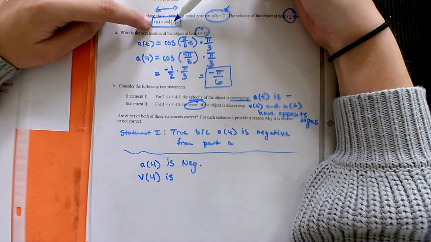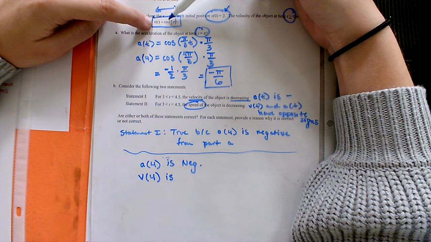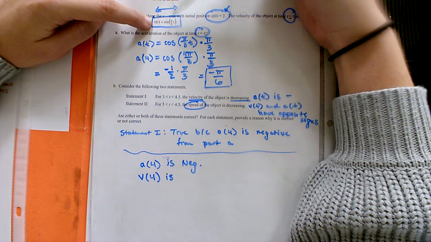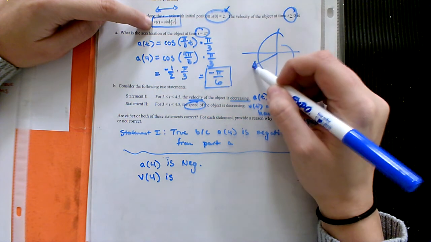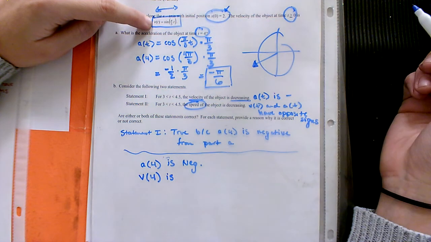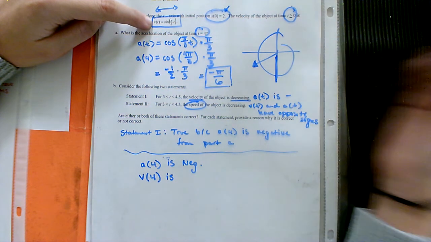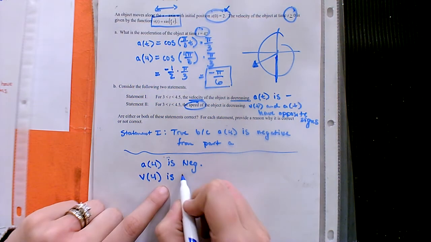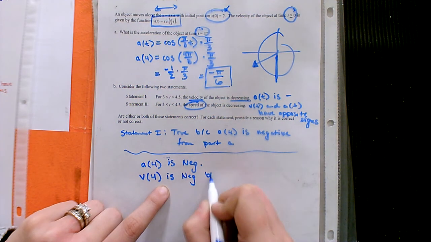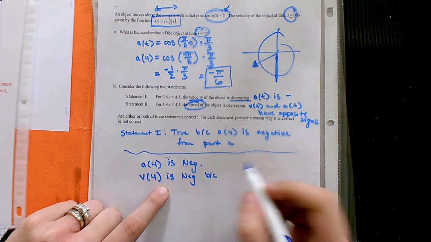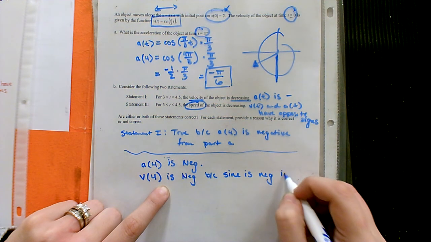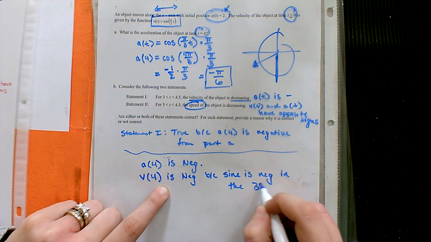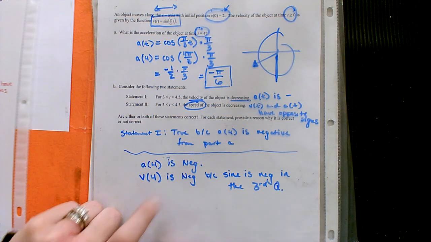So if we plug in 4 here, we'd have sine of 4 pi over 3. And in our unit circle, 4 pi over 3 is in the third quadrant. So is the sine value positive or negative? Negative, right? Because sine is like a y coordinate. So v of t is negative because sine is negative in the third quadrant.